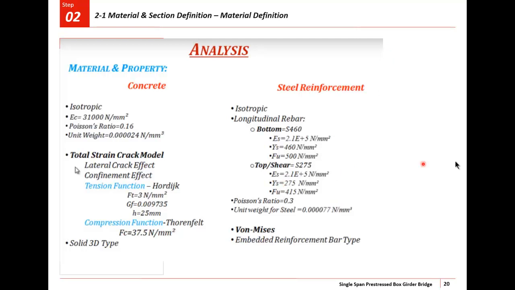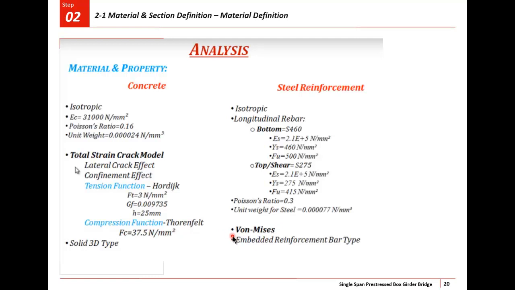for tendons also. So here you can see what elements are used. We have one particular element in MIDAS FEA, the embedded reinforcement bar type. What it means is, we have to ensure the connectivity between the solid concrete and the reinforcement, like the node of the reinforcement and the node of the concrete should be connected properly so that force transfer can be done properly.